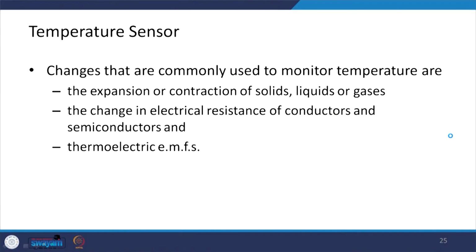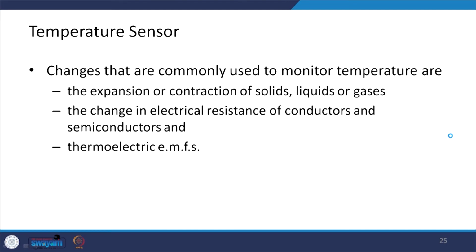Now, let us look at the temperature sensor. Changes that are commonly used to monitor the temperature are the expansion or contraction of solid, liquid or gases. With the help of these expansion or contraction of the solid, liquid, gases, we can measure the temperature.